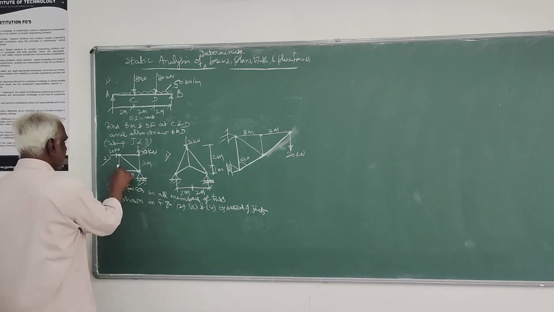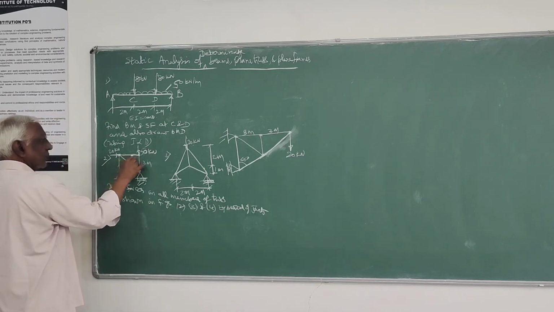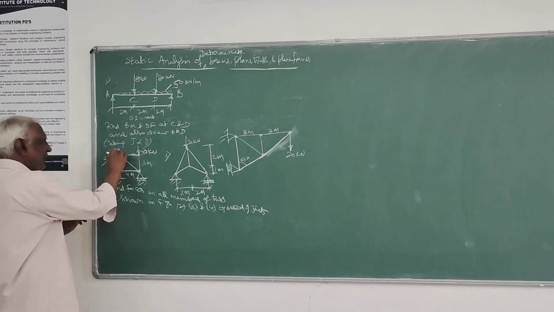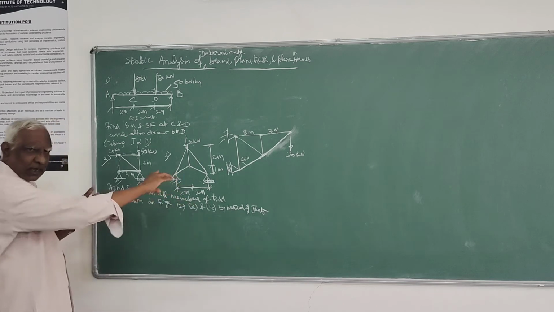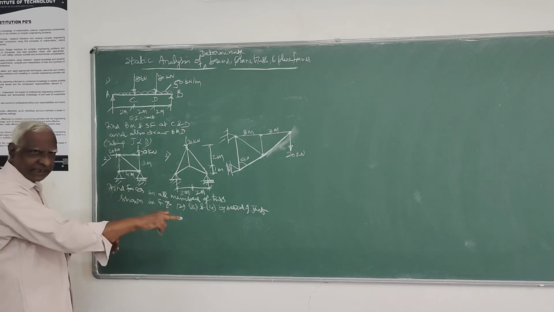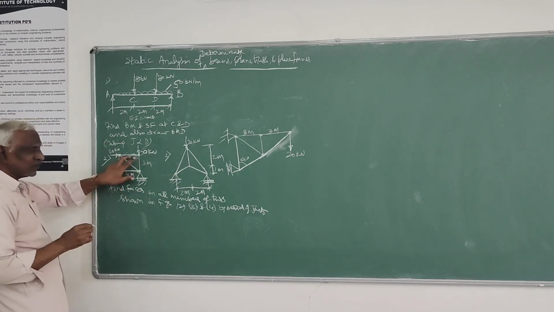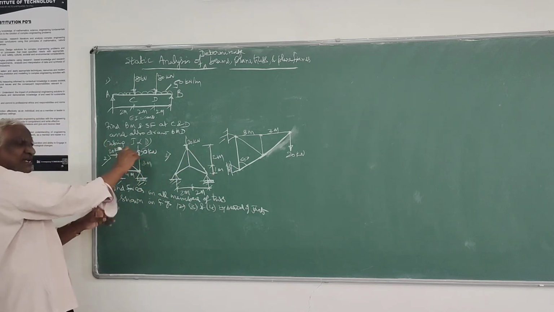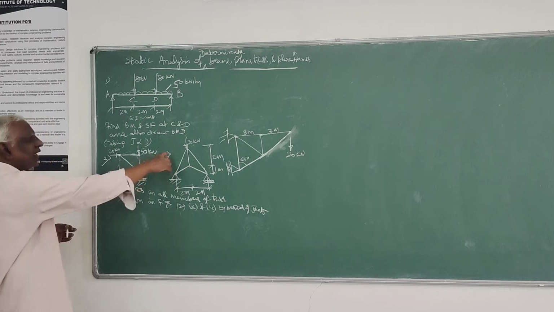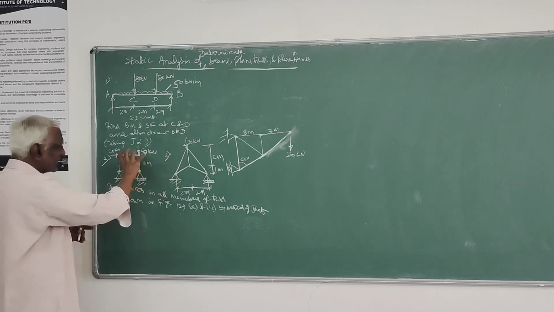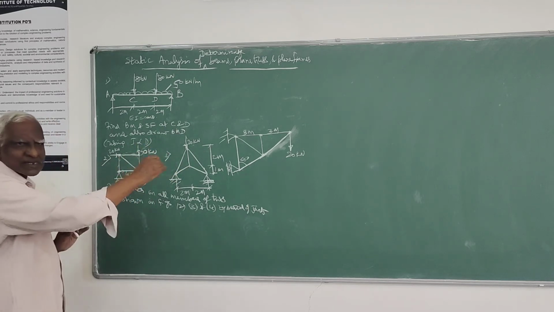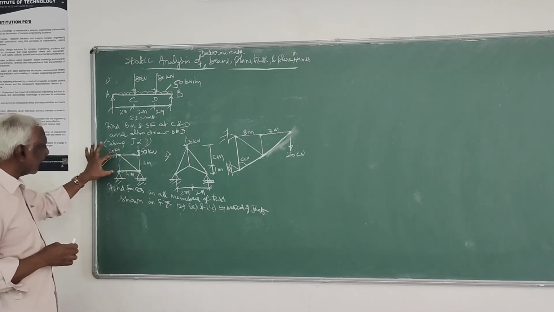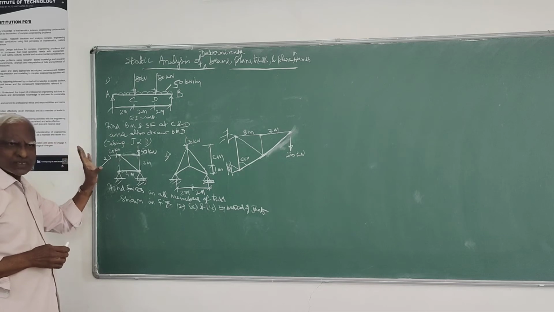First, always take all member forces to be tensile to start with. Then at each joint you analyze it. If it becomes negative, you write that negative value in the first step. In another truss sketch, you just reverse the arrow and then enter it. In the other sketch, you will know how many members have been determined. To start with, always take all tension positive.